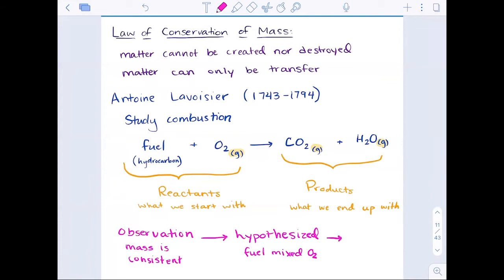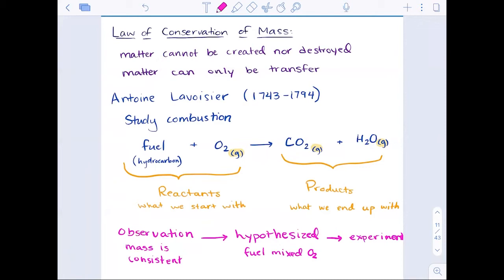And then he developed his experiment. And that experiment generated this data. And the data said the mass of the reactants is always going to be equal to the mass of the products. Super amazing to start seeing this development of our scientific method with Lavoisier and his study of combustion.